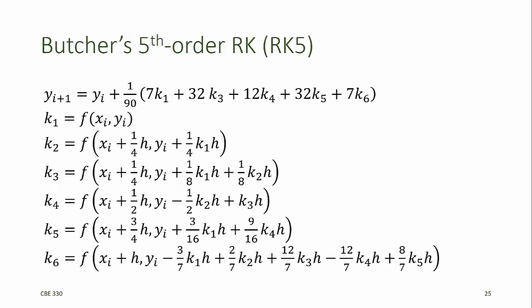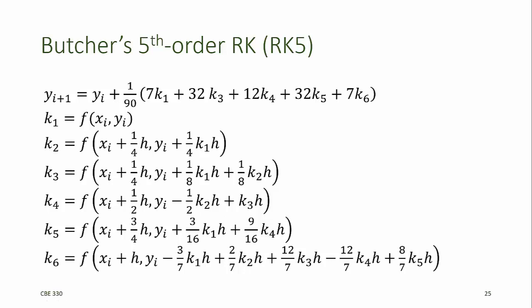Butcher's RK5 is probably the most common RK5 method. It actually involves 6 and not 5 function evaluations, but only 5 of the 6 are summed. Notice K2 is missing from this summation. K2 is, however, used to evaluate K3, K4, and K6, and appears implicitly in K5 through the K4 term.